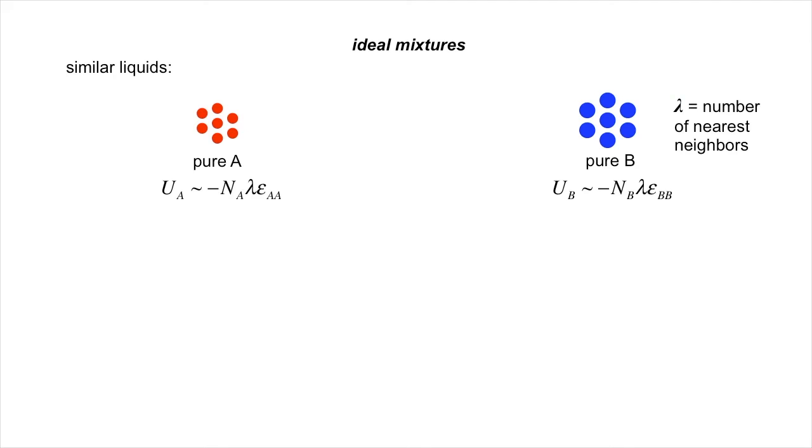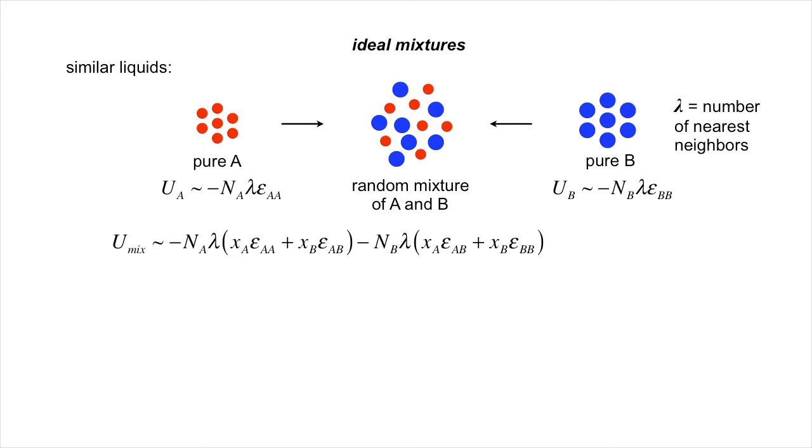Assuming the molecules are similar in shape and type of interactions, lambda is expected to be similar between the two substances. Thus, the potential energy contribution to the internal energy is expected to scale as the number of molecules times lambda times epsilon. If mixed randomly, the number of A and B molecules near each molecule will be proportional to the mole fraction of A versus B. Thus, the total potential energy associated with the A molecules will be proportional to the number of A molecules times lambda times a composition-weighted average of epsilon AA and epsilon AB.